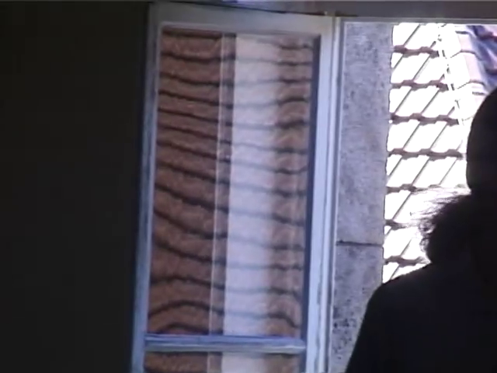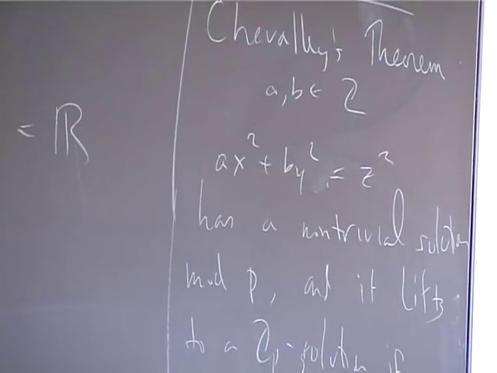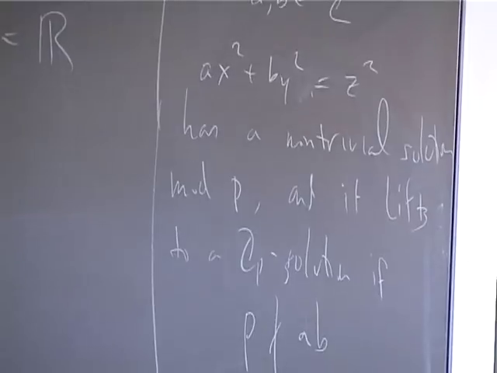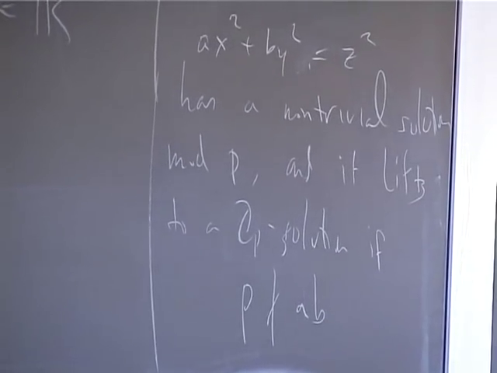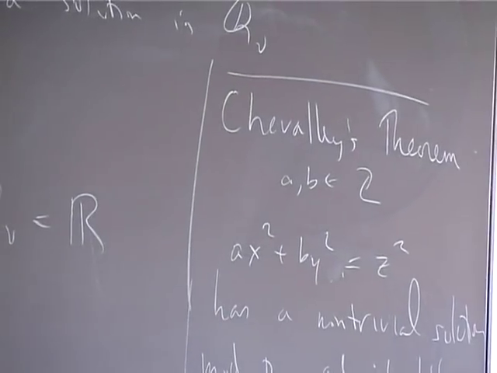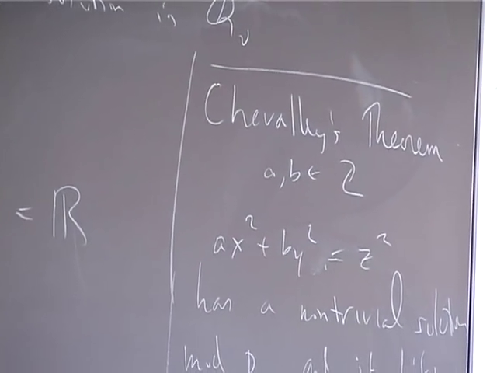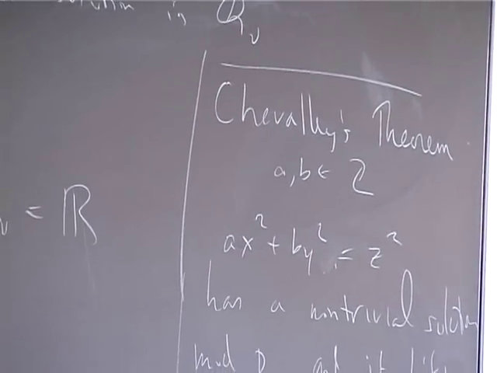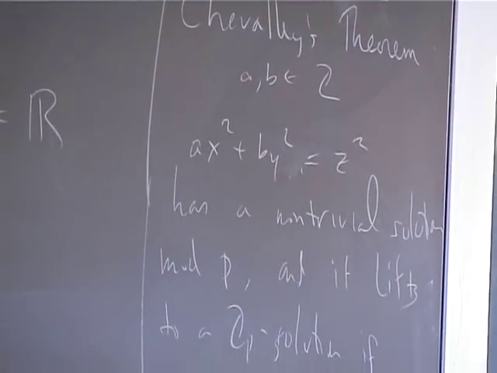So for 2, I don't care, because 2 is a quadratic residue mod 17. I'm perfectly happy to have 2 dividing u as many times as you want, because it doesn't change that calculation to have a factor of 2.